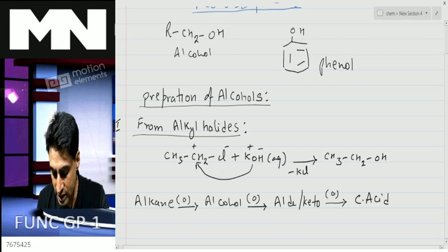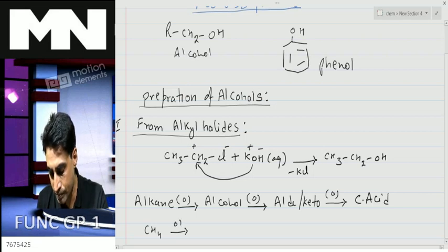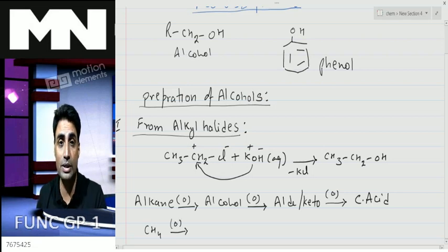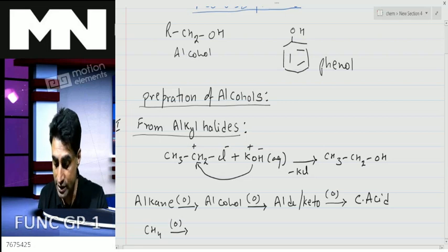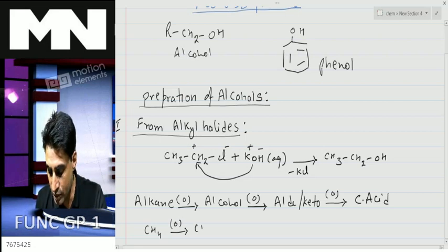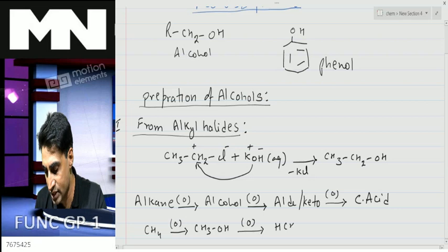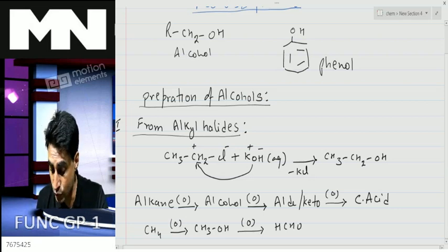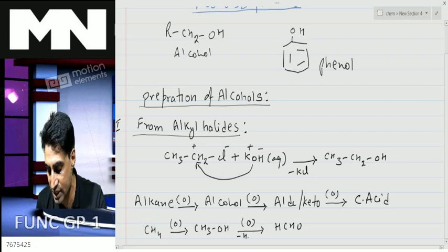Suppose I have methane and I am oxidizing it. Oxidation is the addition of oxygen or removal of hydrogen. So I will get a compound like CH3OH. On further oxidation, it will give me HCHO. In this step, two hydrogens from methanol will combine with oxygen and come out as H2O.